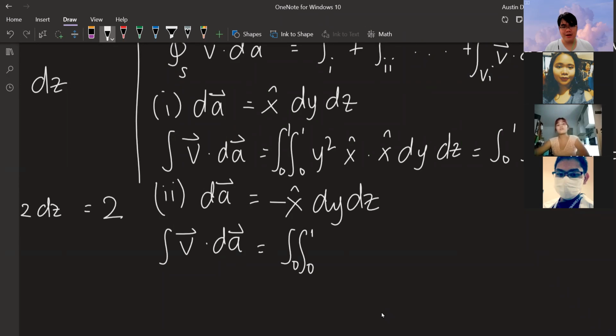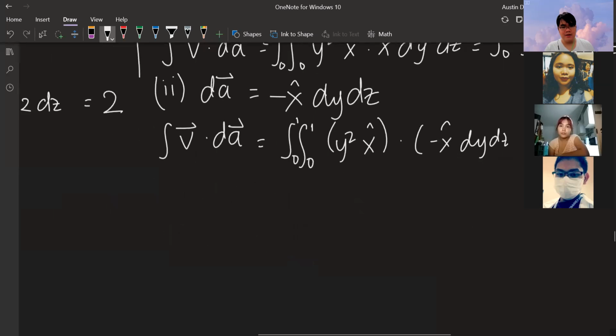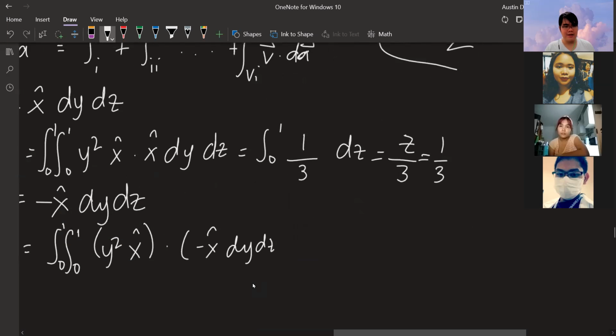So 0 to 1 lang. Okay? So kunin natin yung y squared x hat, this is your v, then you dot product it with yung dA natin, which is negative x hat, dy dz. Okay. Ang laki ko pala magsulat. And this should be easy, no?